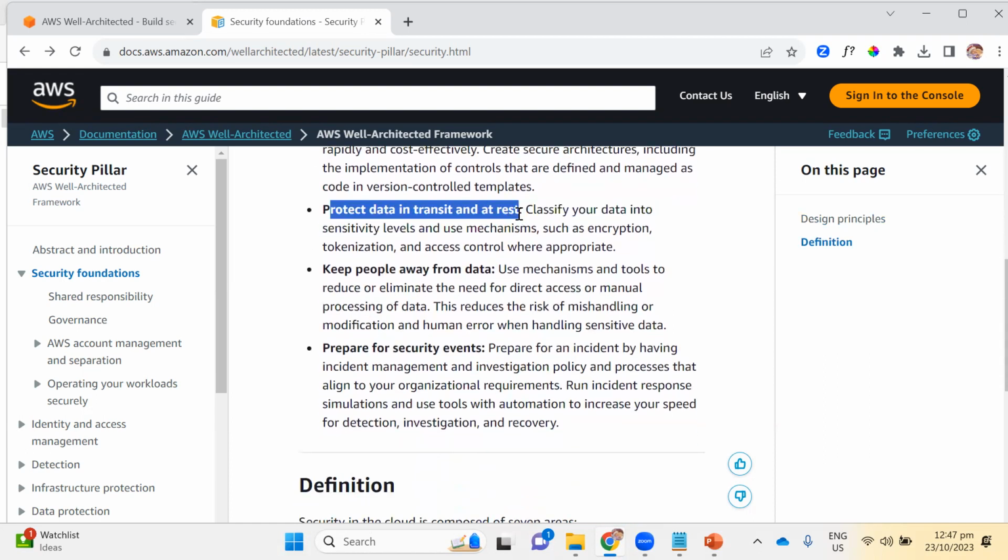This is always a yes: data in transit and data at rest. If your data is residing in S3, it has to be encrypted. That is data at rest. If the data is coming through the ALB, it has to be encrypted because it is data in motion, or in transit, right? Keep people away from data. Data is the king. If you have access to the data, for example, we were talking about the credit card numbers and other things, the user details, the user address, this is all sensitive data.